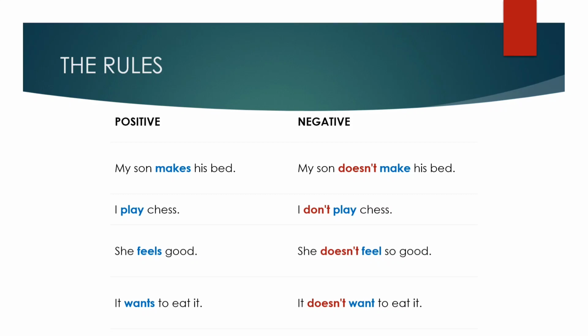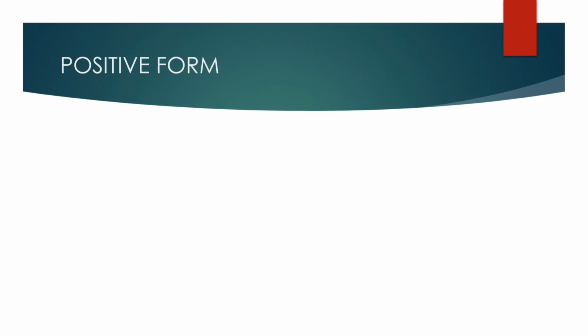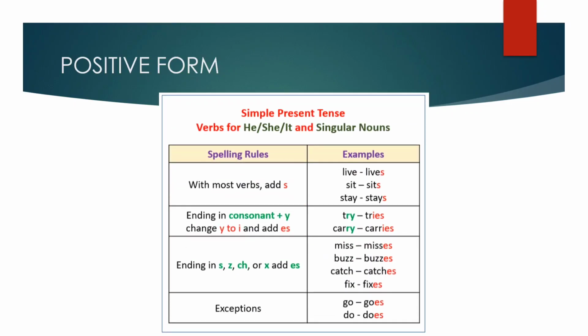Let's look further. This is the rule for the positive form, that is to be used together with he, she, it. For he, she, it, for most verbs we need to add s.